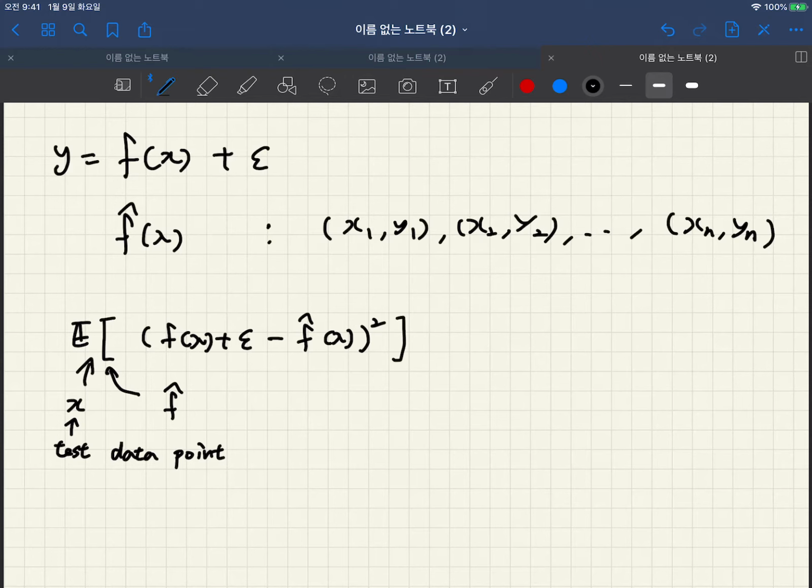Here f hat is also a random function, trained from a training data set (x1, y1) to (xn, yn), which is generated from some data generation process. So f hat is a random function. The expectation is with respect to not only the test data point x, but also the training data points.